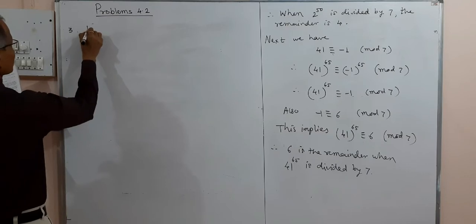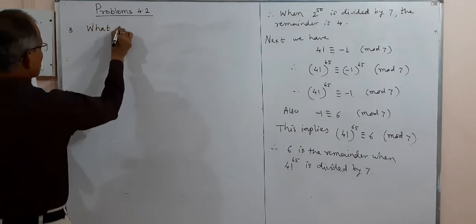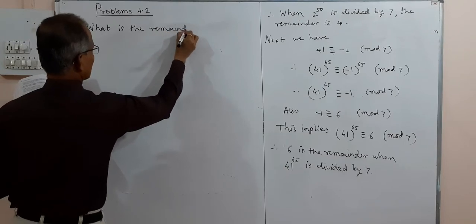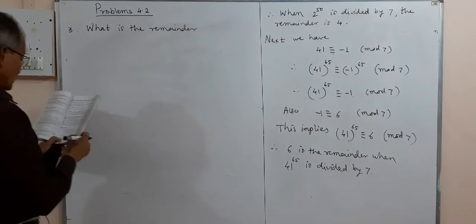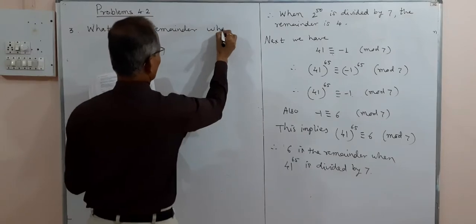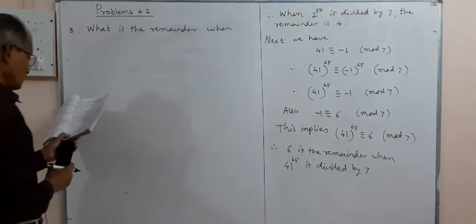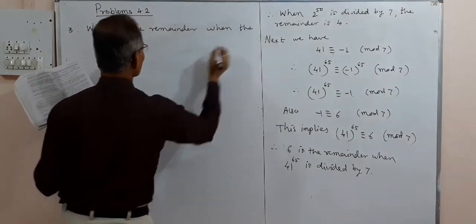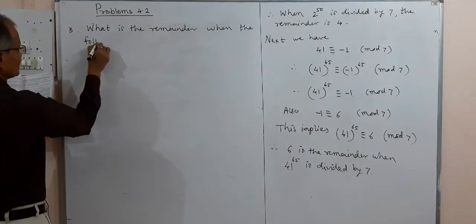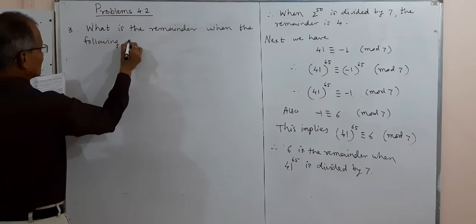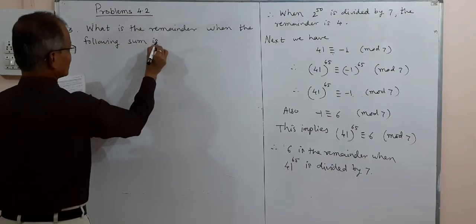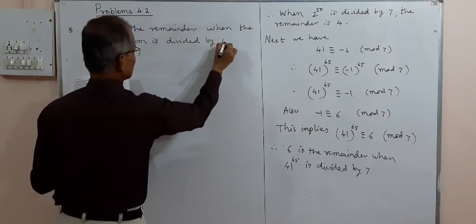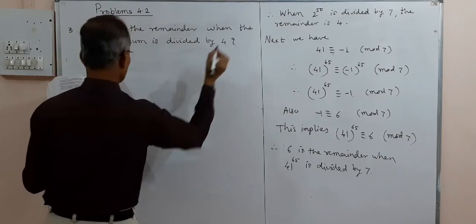What is the remainder when the following sum is divided by 4?